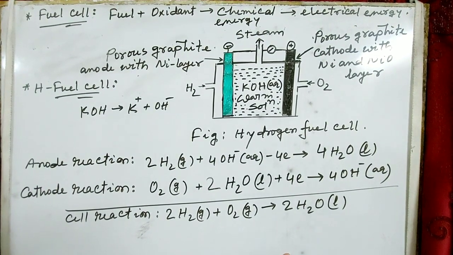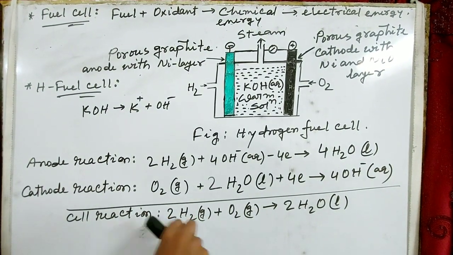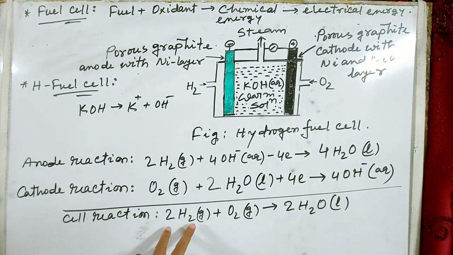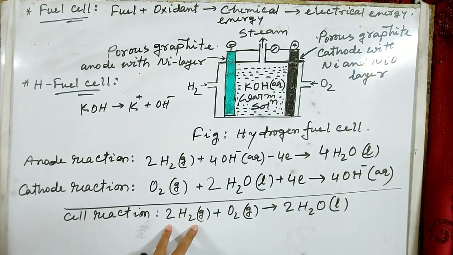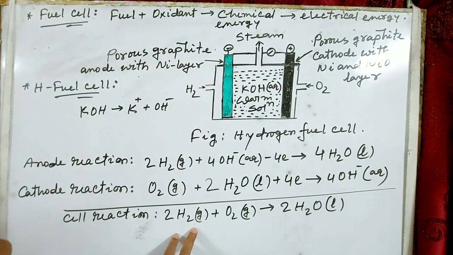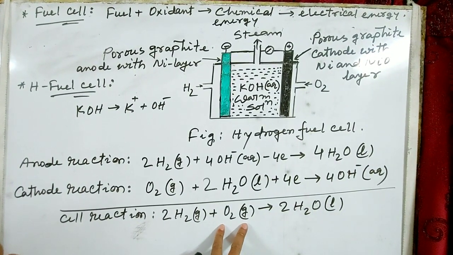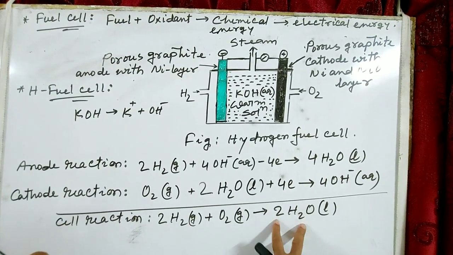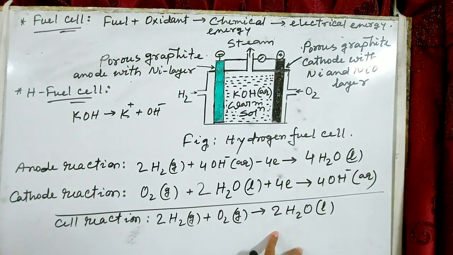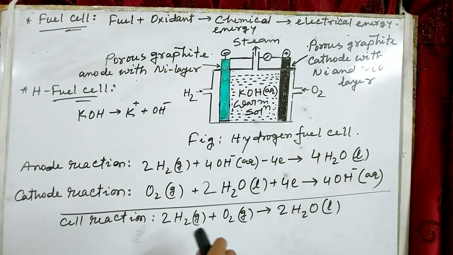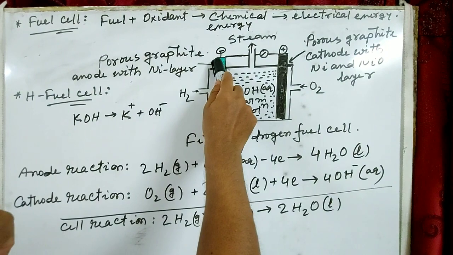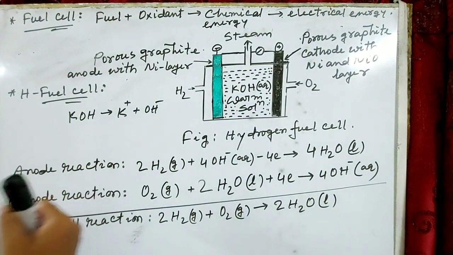So the resulting reaction is 2 molecules of hydrogen plus 1 molecule of oxygen react together to produce 2 molecules of water. Due to the flow of electrons from anode to cathode, electricity is produced.